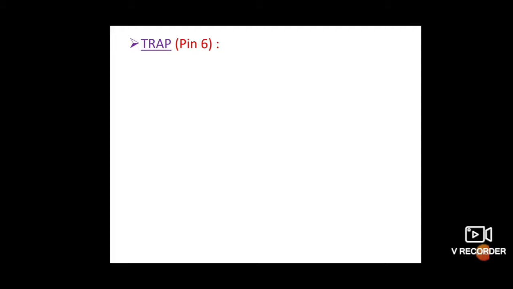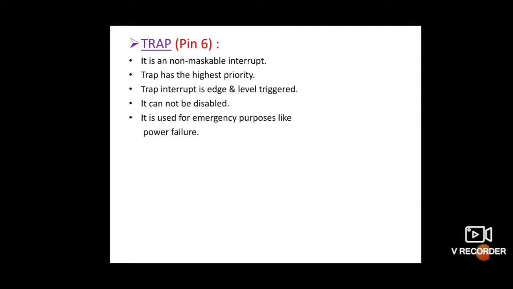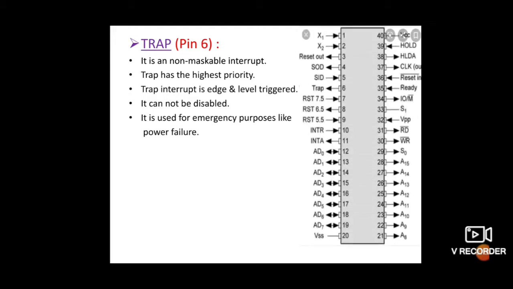Now the next pin is TRAP, that is pin number 6. First see pin numbers 6, 7, 8, 9 and 10. These 5 pins are also called hardware interrupts. Then this TRAP pin is a non-maskable interrupt.